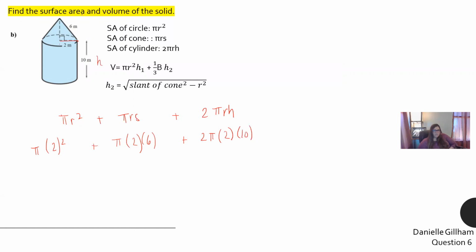Here's your height, here's your slant, and here's your radius. So now that we have that, you are going to get 176 meters squared.